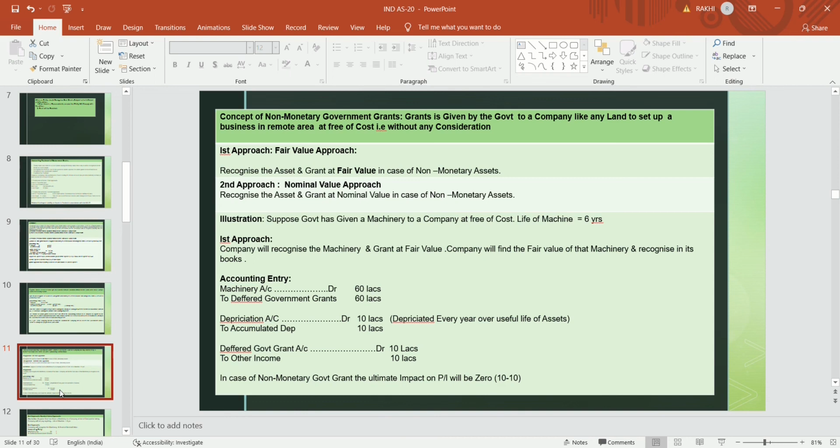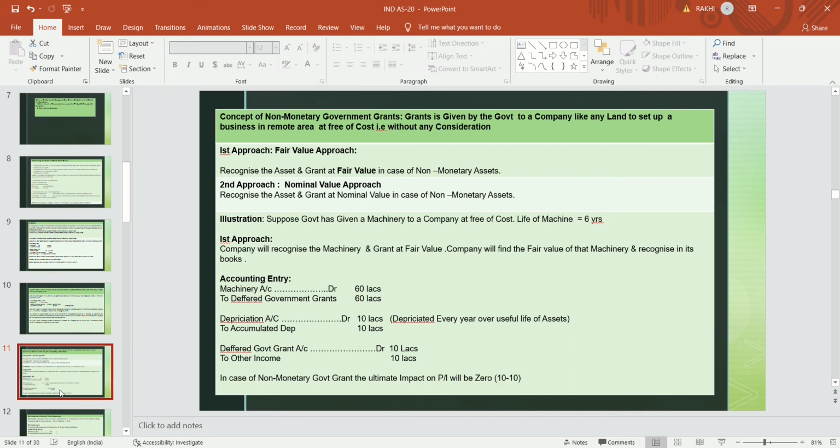That kind of grant given by the government to the company is a non-monetary grant. Suppose the government has given machinery to the company without any cost. How will the company approach this? How will the accounting treatment be done in the company's books?